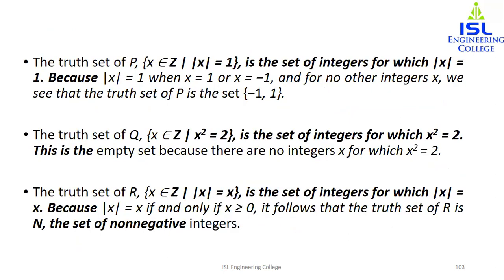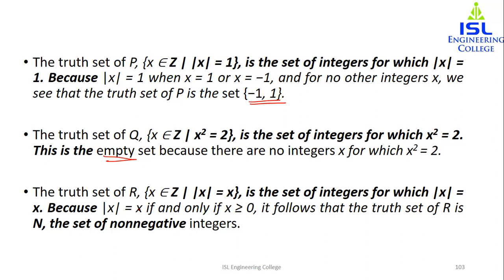So let's see the solutions. If you remember here, mod x is equal to 1. This is being satisfied by minus 1 and 1. For x square is equal to 2, it is an empty set. And what about the truth set of R, for which mod x is equal to x?